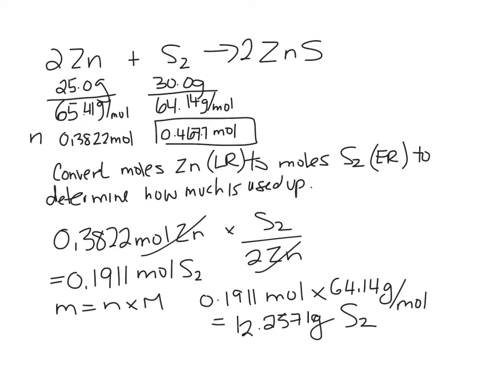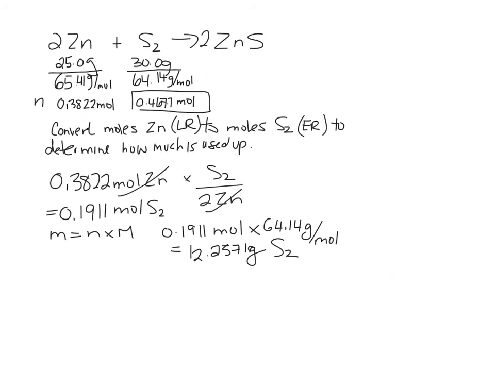Okay, so now we figured out how many grams of sulfur were used up by 25 grams of zinc. Subtract that from 30, and you get the same answer, 17.8 grams.